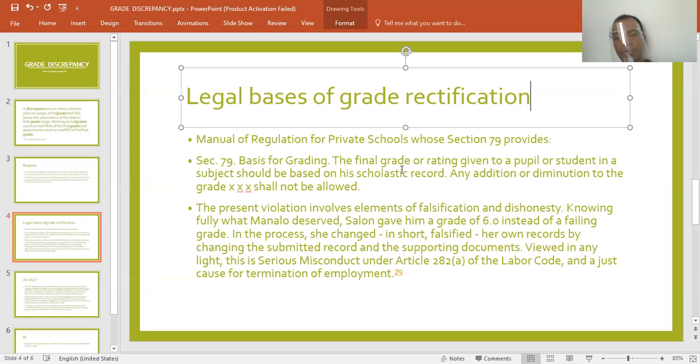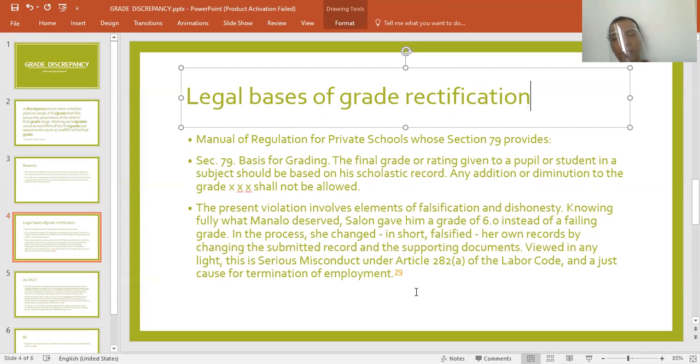The final grade or rating given to a pupil or student in a subject should be based on his scholastic record. Any addition or diminution to the grade shall not be allowed. It's only the result of the performance of the student.